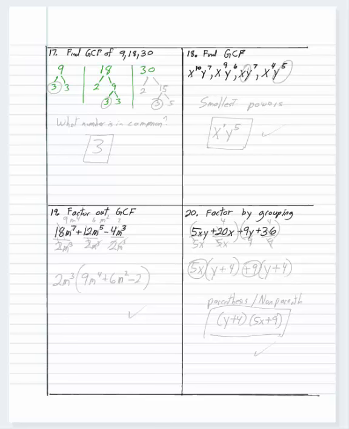And as for 30, two numbers that make it are 2 and 15, but 15 breaks down to 3 and 5. Now the question is, what number is in common? Notice that every single factorization has 3. So your answer is 3.